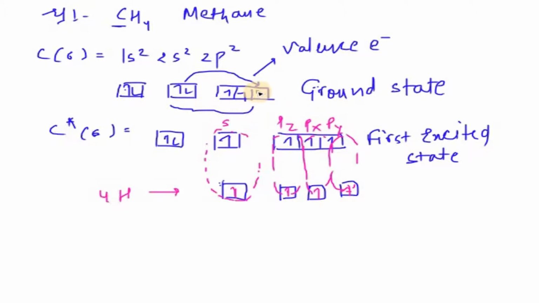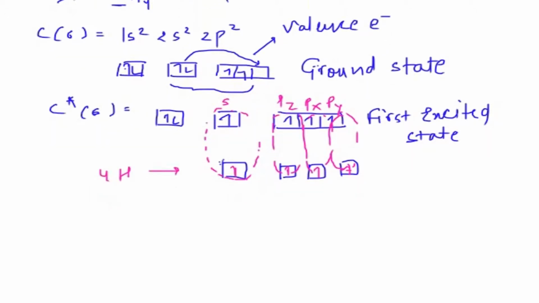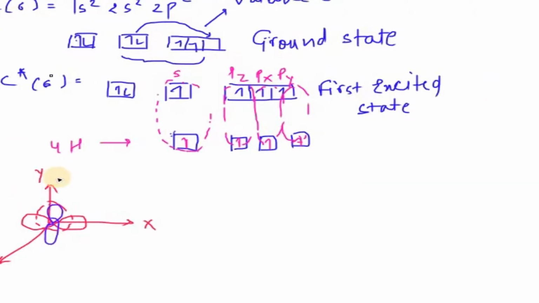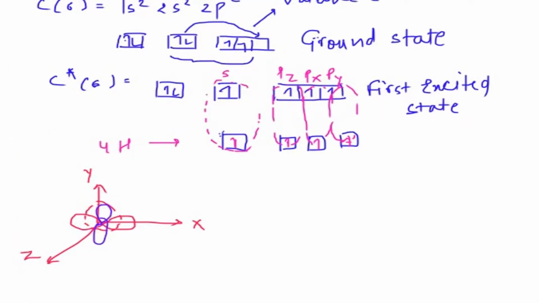Now let's try to draw the structure. Here we have 3 axes, let's name them the x axis, y axis and z axis. Now we want to draw the structure of CH4. It has a 2s electron, one px, one py and one pz orbital.